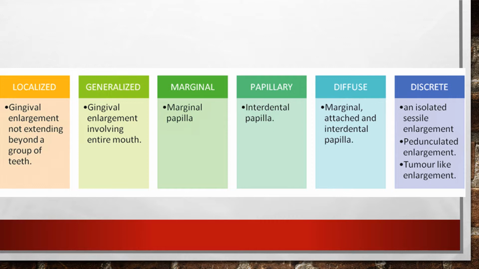Diffuse involves the marginal and attached gingiva and papilla, so all three parts of the gingiva. And what is discrete? An isolated sessile or pedunculated tumor-like enlargement can be seen. This is the classification based on the location and distribution of gingival enlargement.